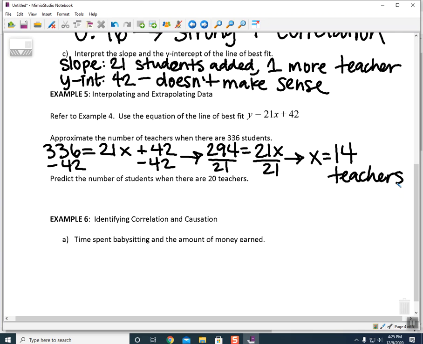Next one is predict. So first one was approximate. Now we're predicting. This is extrapolation. When I have 20 teachers, how many students should I have? Well, I don't know what y is, but I do know that I have 20 teachers in this case.